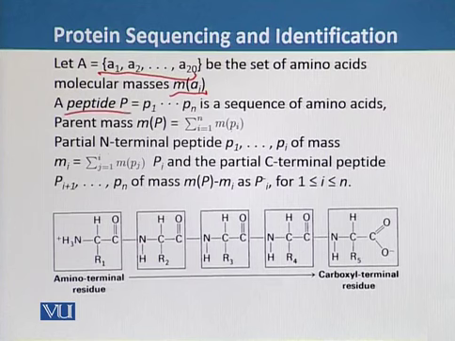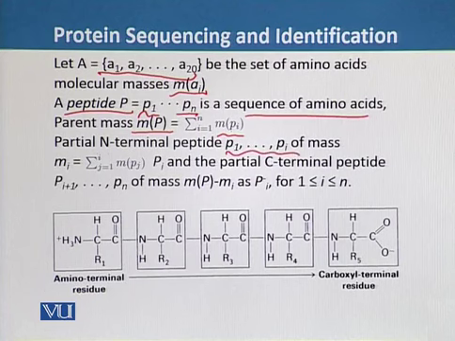If a peptide P is P1 to Pn, a sequence of amino acids with parent mass MP, it is the summation of the MPi. We can denote the partial N-terminal peptide P1 to Pi of mass Mi, because we have to break the protein into peptides.